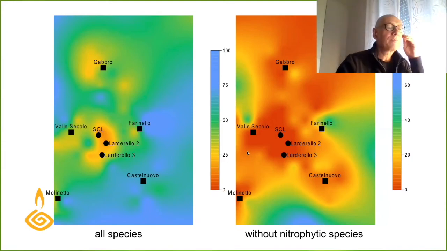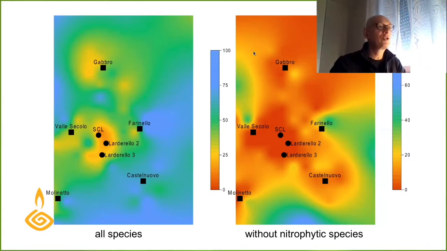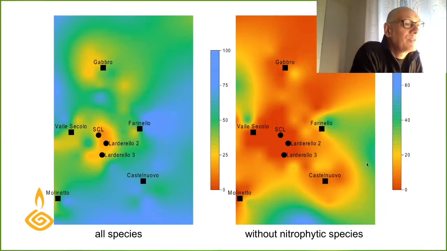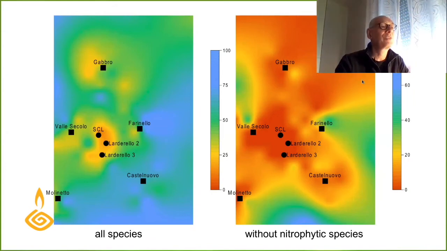If we took out the lichen species which were nitrophytic from the calculation, you see the scale is different. It was recalculated. Everything became clear. There is no need for any benediction from a god for this power plant, and everything now is much clearer. The situation is less favorable, to say, for the air quality around the power plant.